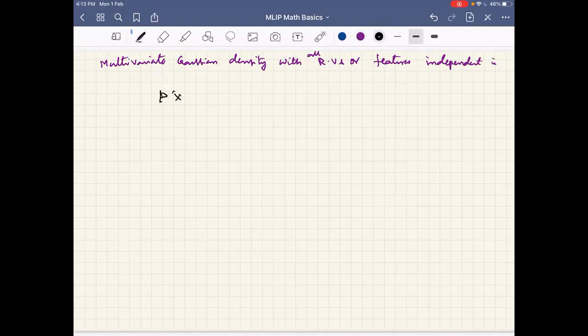P of x, in fact this is P of x1 comma x2 comma xd, is equal to 1 by 2 pi whole power d by 2, product over i equal to 1 to d of sigma i.